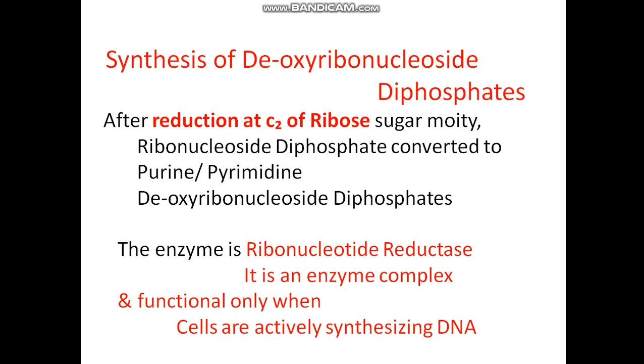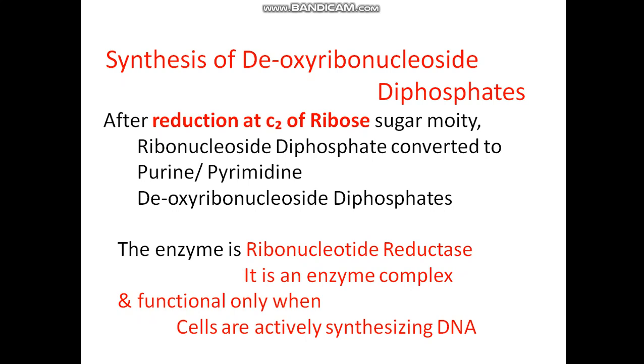The enzyme is same for purine and pyrimidine bases. The enzyme is ribonucleotide reductase, which is an enzyme complex and needs reducing equivalents and other things for its activity.